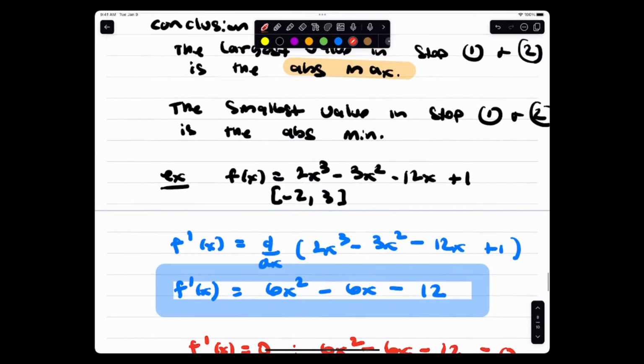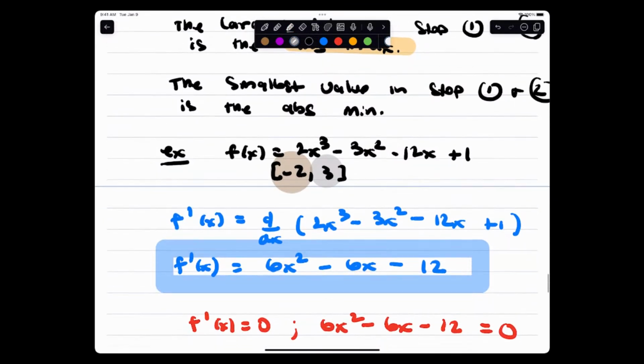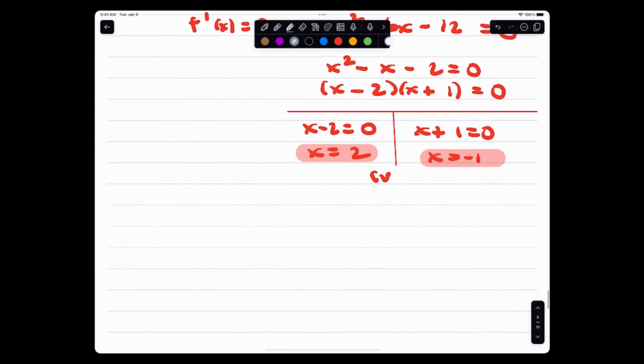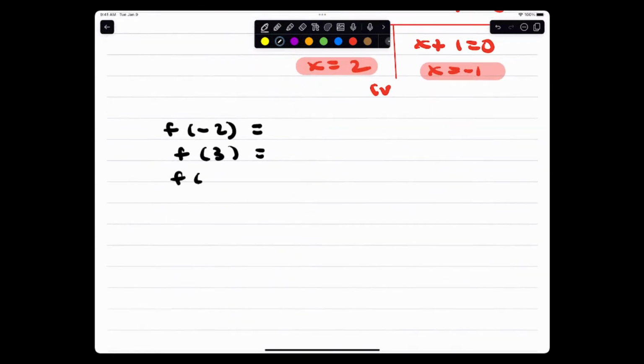All right, now let's remember what A and B are. Here's A, here's B: -2 and 3. So I have to evaluate the following. This is what that means: F of -2, F of 3, and I've got to evaluate the value of the function at the critical values, F of -1.